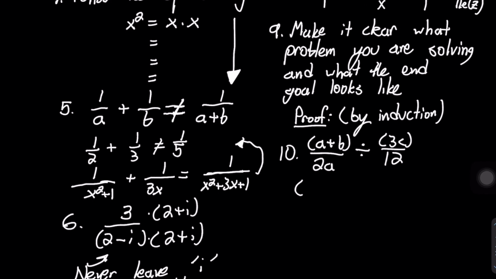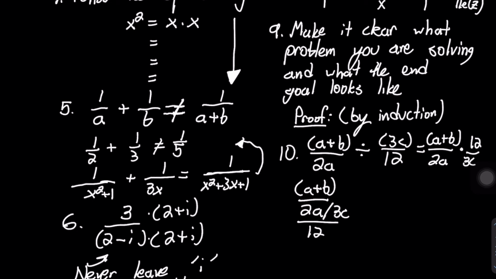So you might reach a point in the question where instead of looking in this easy fashion where you know just to flip the other side and multiply, you might be in a situation where you have a plus b over 2a divided by 3c over 12 or something like that, where in your work you may accidentally stumble upon this complicated expression, and what you want to do is make it clear to yourself what the terms are on the top and bottom and go through, try to get it to this simple format in the end here.